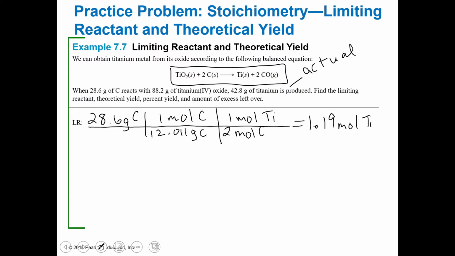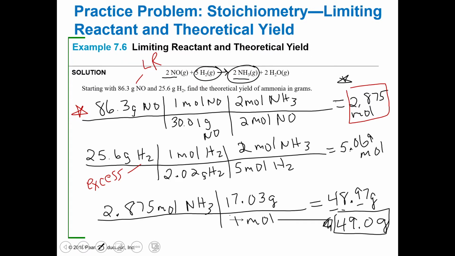I just want to mention something really quickly, in case you were wondering this. You can see from our previous example that just because something is in a greater amount of starting material, this is a bigger amount than this, does not necessarily mean the larger amount is going to be the one that is in excess, and the smaller amount of stuff is going to be the limiting reactant.